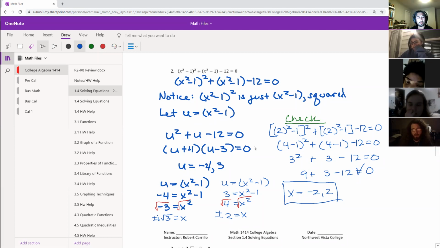And more than likely, when you foiled everything out, you would get an x to the 4th in there anyway. You may have to u-sub it or do a more complex method of factoring to get rid of that x to the 4th anyway. So u-sub is your friend. Learn to love it. Excellent. All right. Everybody good on that?